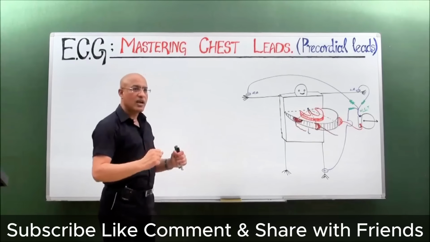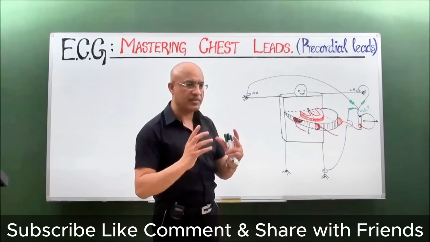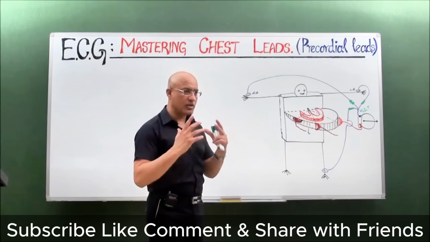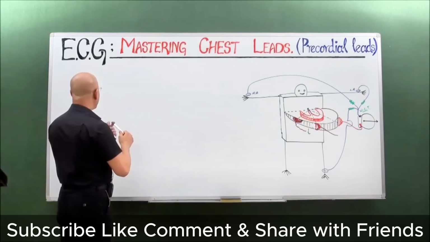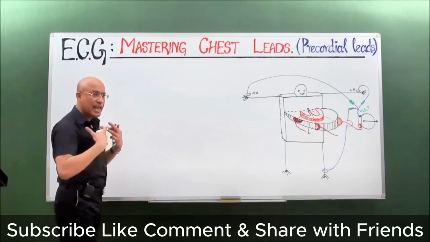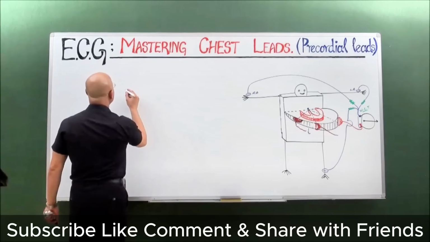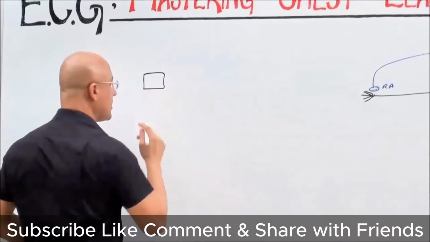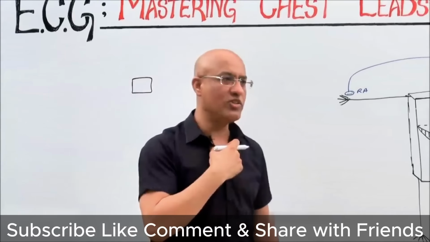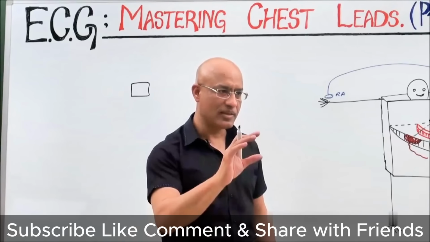Now let's see in the different chest leads what the specific positions on the chest are where you apply the exploring electrode. Let's talk a little bit about the bony landmarks on the chest. You must know that here the upper bone is the manubrium, and in the center is the body of the sternum, right?